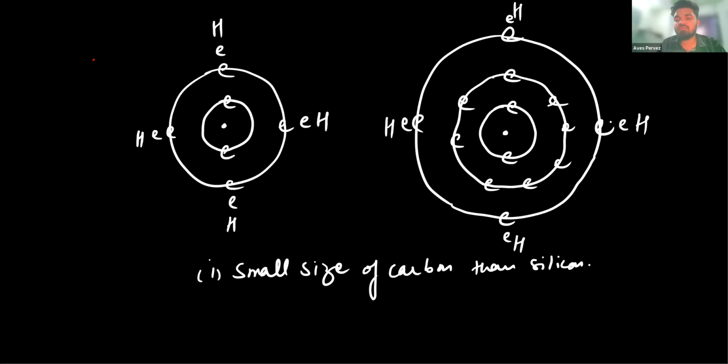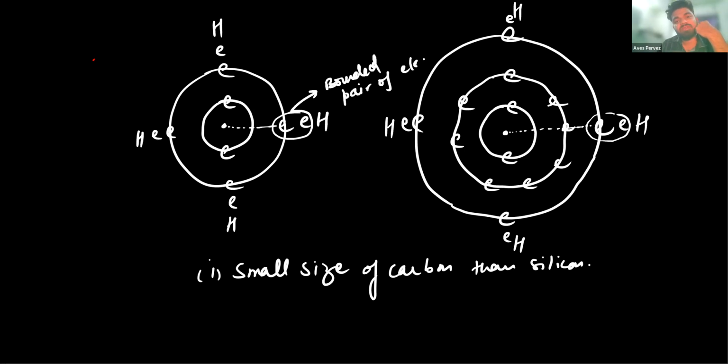So you will find that the distance of the bonded pair of electrons from the nucleus is more in silicon compared to carbon, because the nucleus is what holds the bonded pair of electrons. So we can say that the small size of carbon helps carbon atoms make stable bonds. Okay, got it?